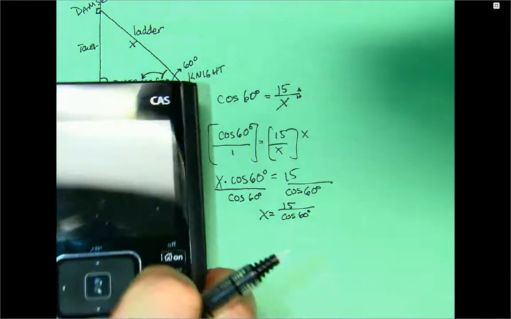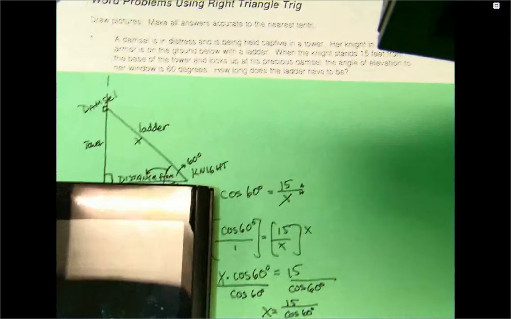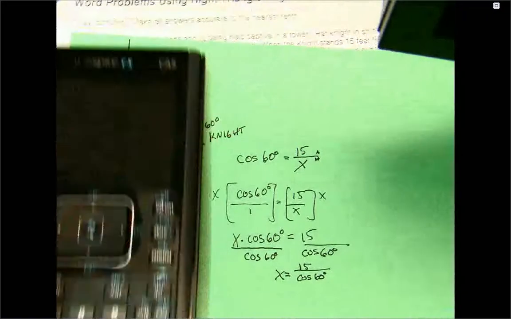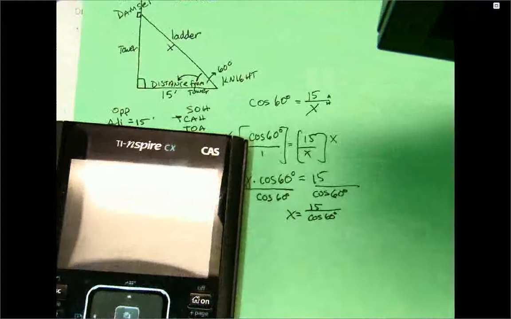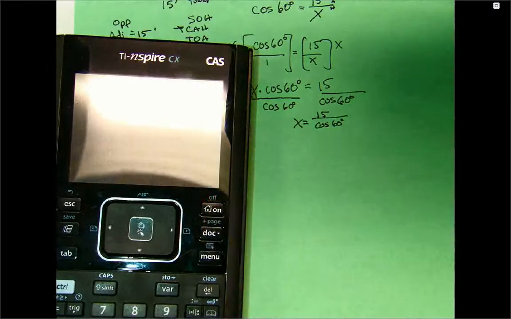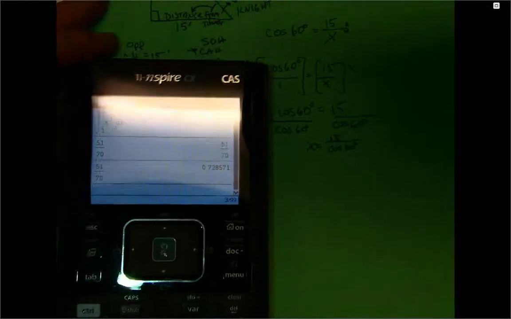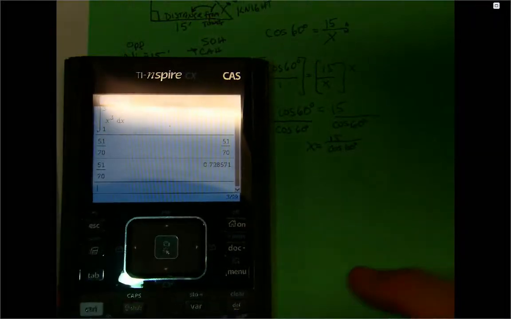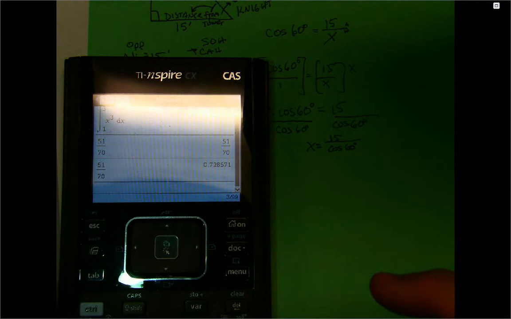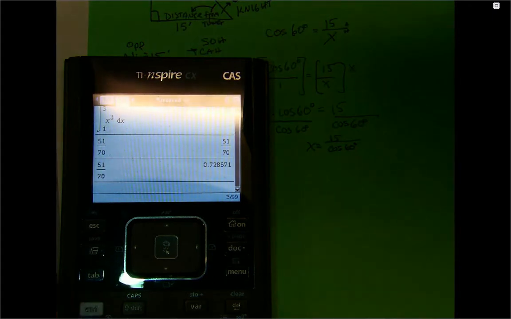Now, there's going to be an issue with your calculator. And I don't want you making any changes to any settings on the calculators. And the issue is that most of your calculators are going to be in radians, which is a different way to measure an angle.